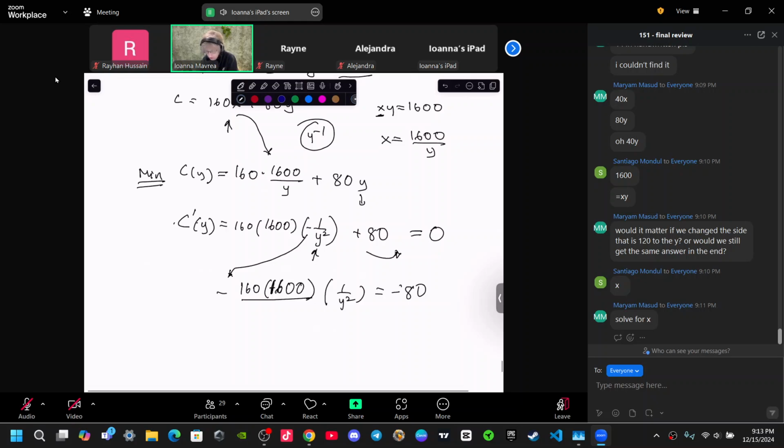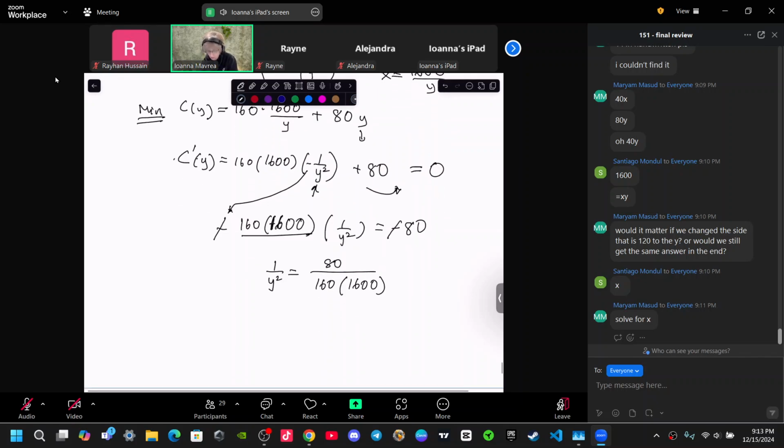So the negatives go away. Good news, because y squared cannot be negative. So I'm solving for y squared. So 80 over, again, leave those things as they are. If 1 over y squared is that, y squared is the reciprocal.